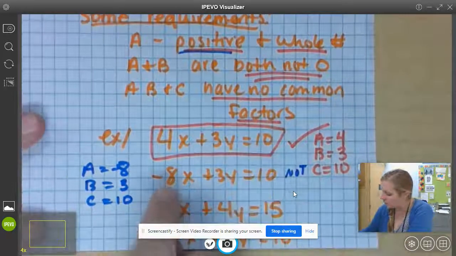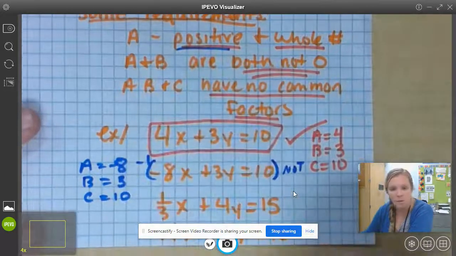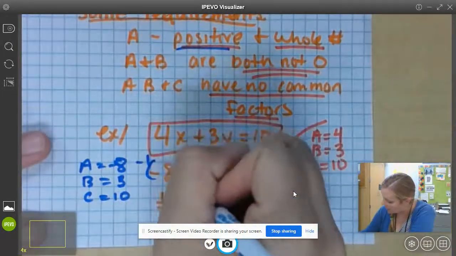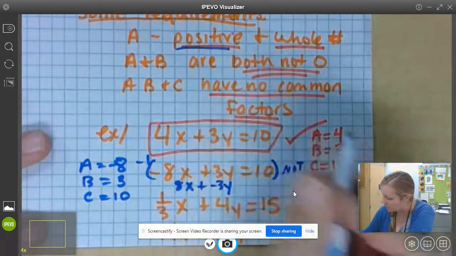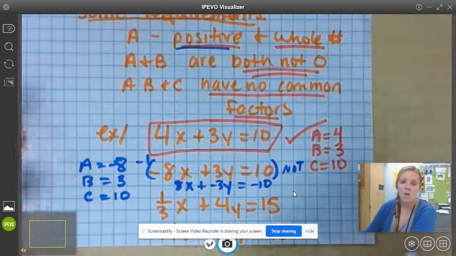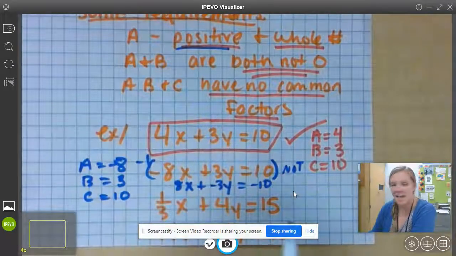To make it in standard form, we have to make that positive. So I can multiply the entire thing by -1, and that changes everything. -1 times -8 is +8. -1 times -3 is +3y, and -1 times -10 is +10. So I had to multiply the entire thing by a negative number to make my A be positive.